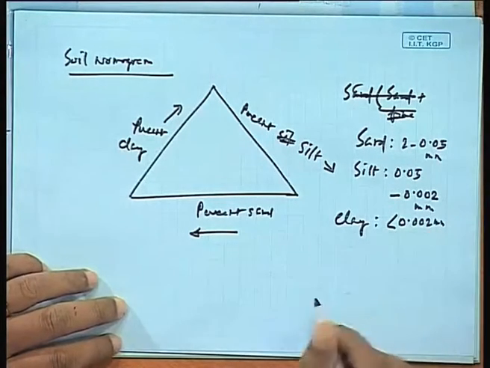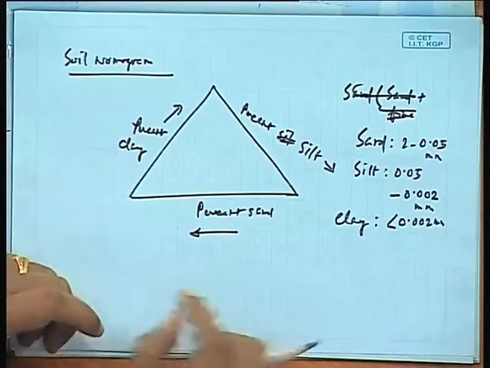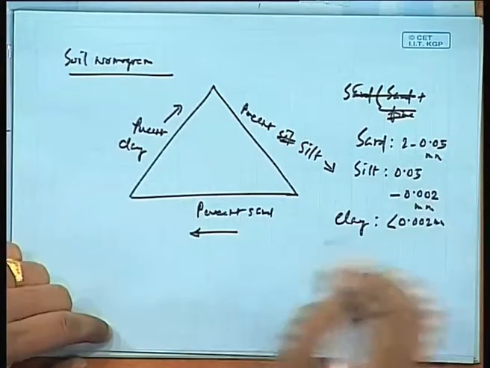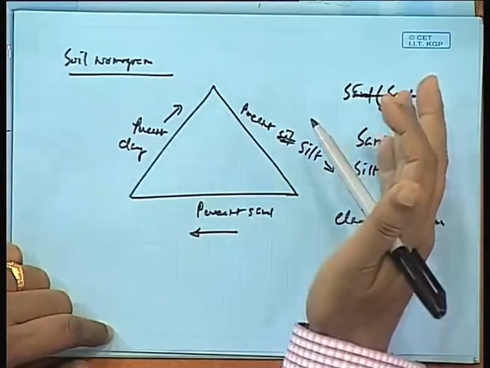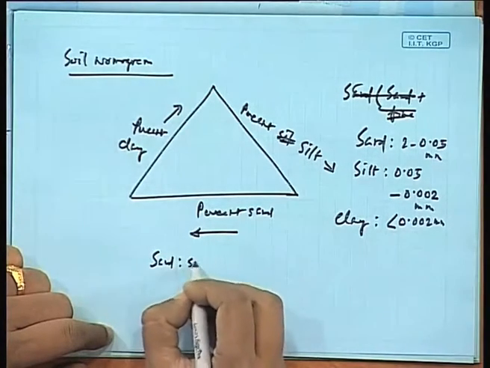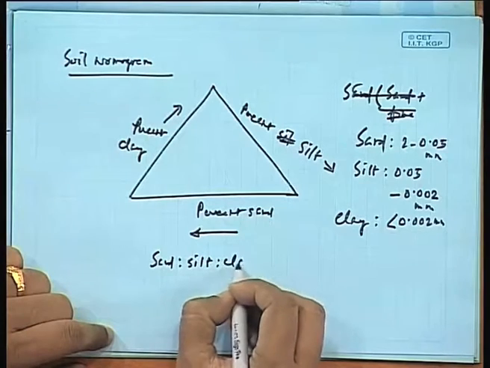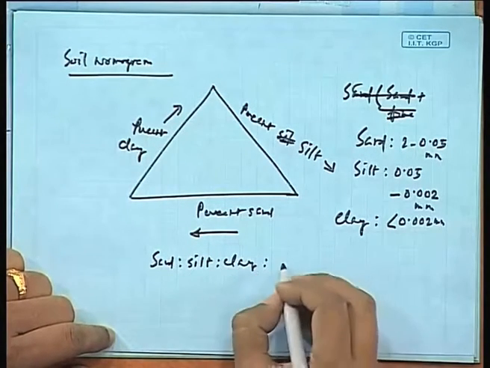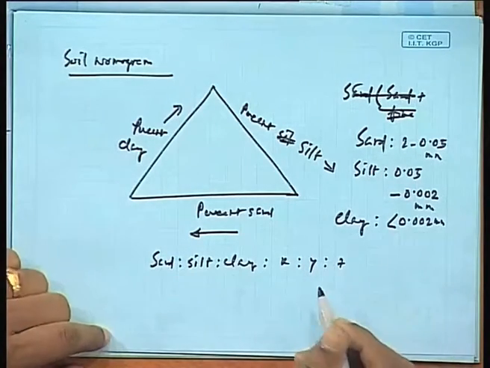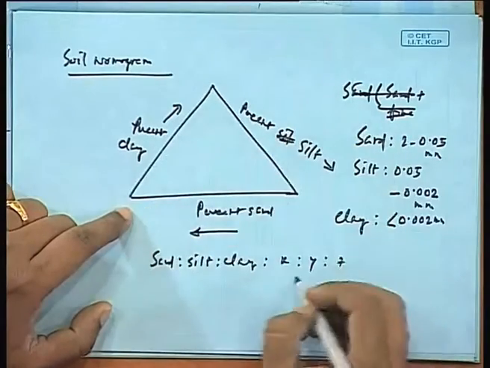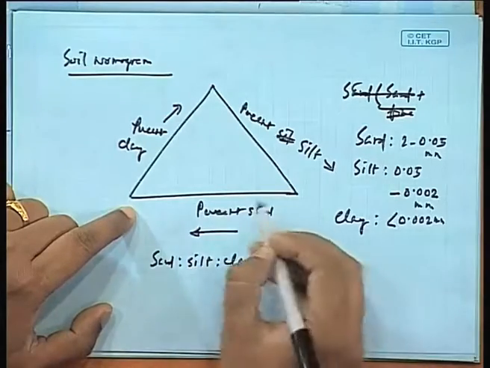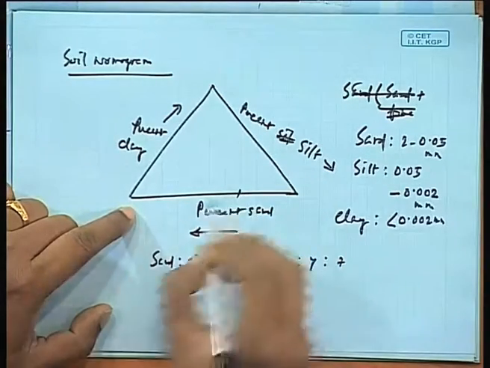So what you do is, after you have found out the values of sand, silt and clay, suppose you have sand, silt and clay as x, y and z. You would plot sand along this direction, and you find x here.